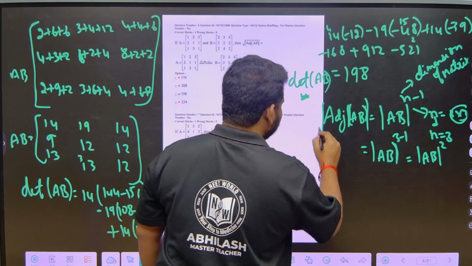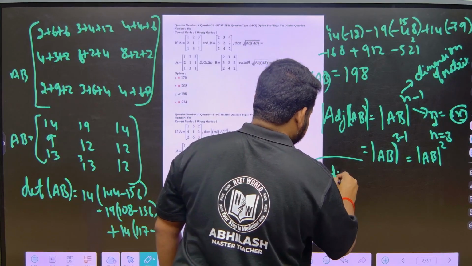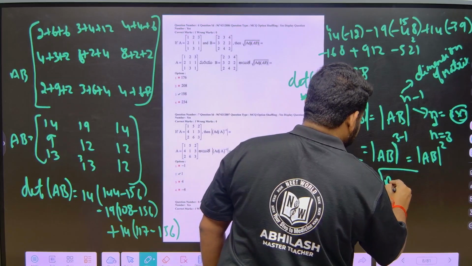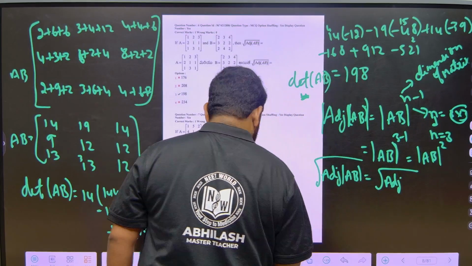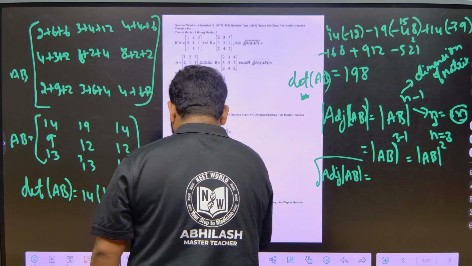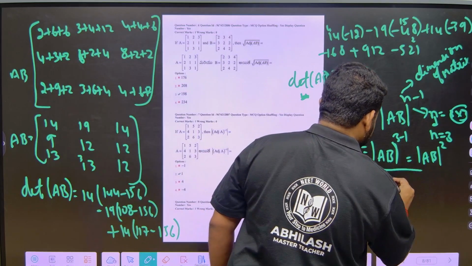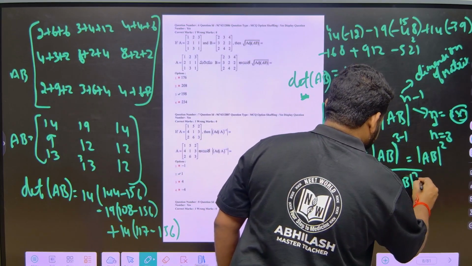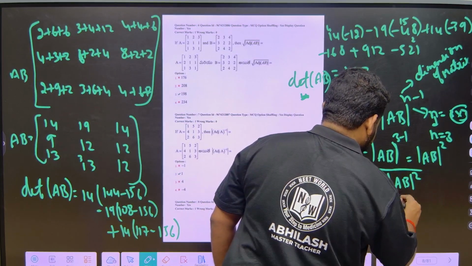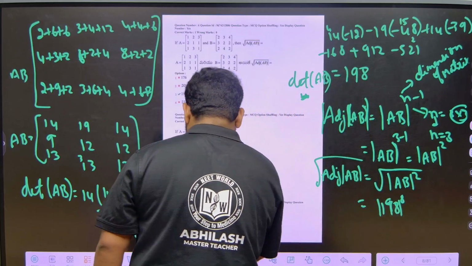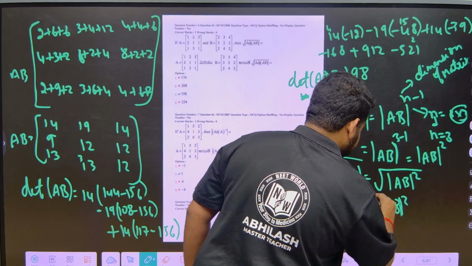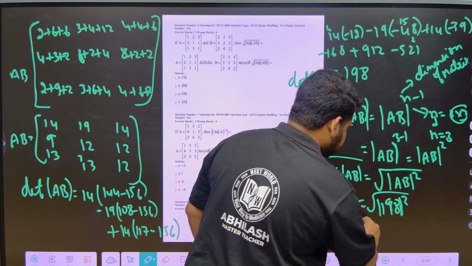They are asking for the square root of the determinant of the adjoint of AB, which is the square root of determinant of AB whole squared. The determinant of AB is 198, so the square root of 198 whole squared is 198.